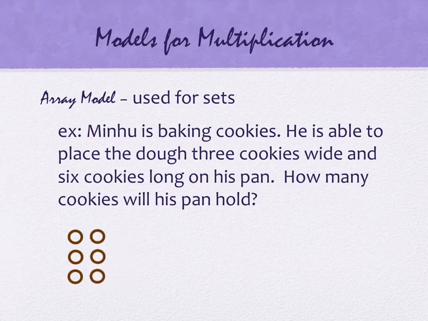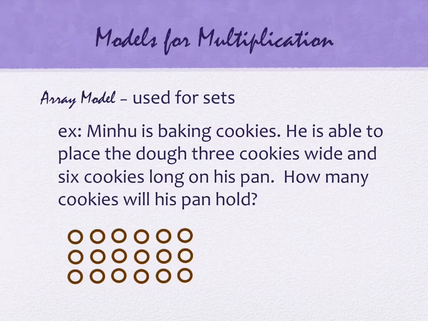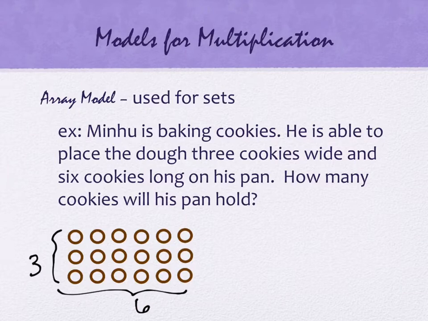So that's 2 cookies long, 3 cookies long, and there's 6 cookies long. You're probably all thinking of a cookie sheet as you did it, right? So this would give us how many cookies? It's a 3 by 6 array. How many cookies would that give us? 18 cookies.